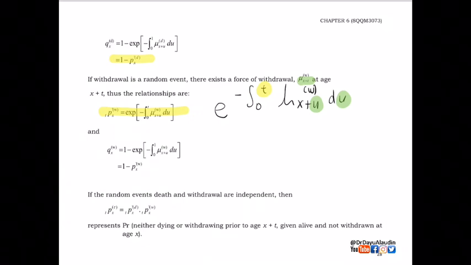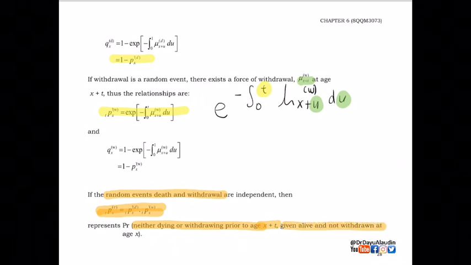So okay, just the same thing. The tPx^(tau) includes all the random events. For this situation, we have death and withdrawal. So tPx^(tau) is equal to tPx for death times tPx for withdrawal. This is the probability of neither dying nor withdrawing prior to age x plus t, given alive and not withdrawn at age x.